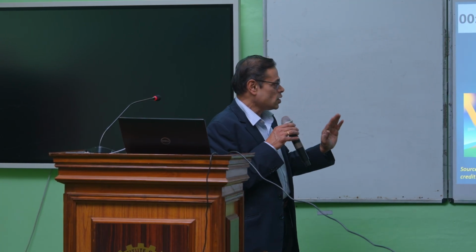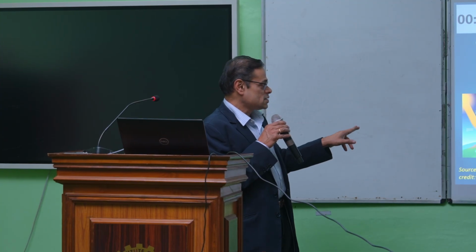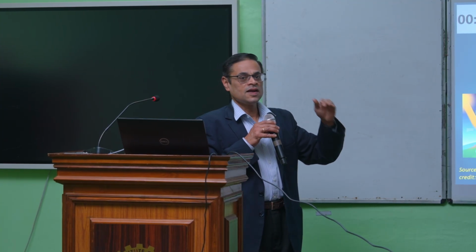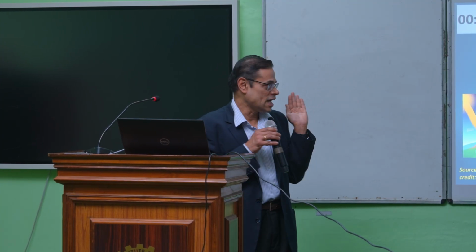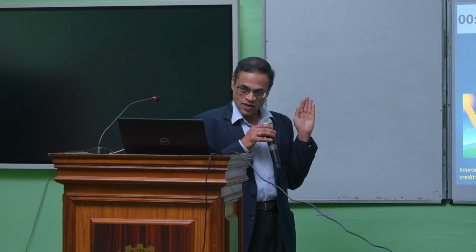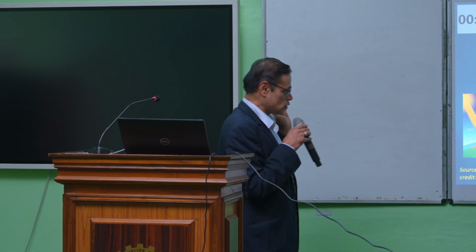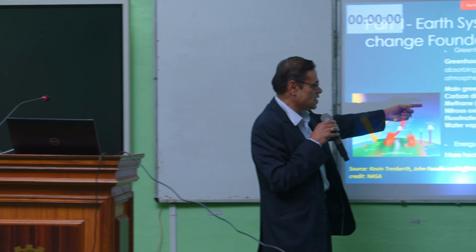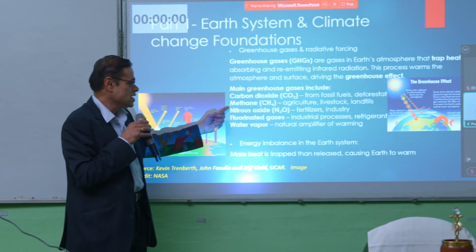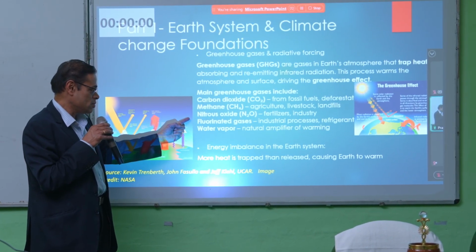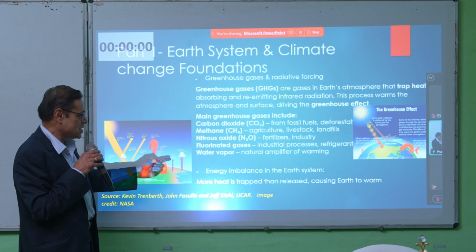The one thing that I wanted to say here is that there is a greenhouse effect that is causing climate change. What are the greenhouse gases that we see in the atmosphere? Carbon dioxide, methane, nitrous oxide primarily, and then fluorinated gases and water vapor.